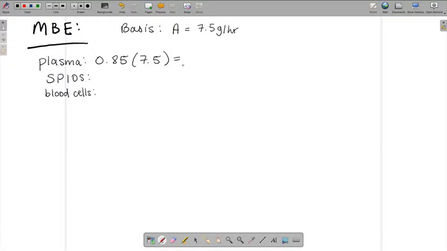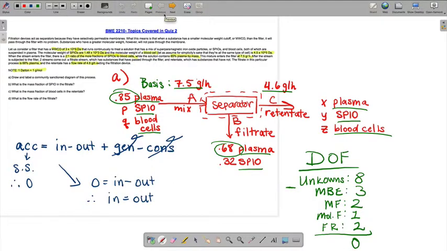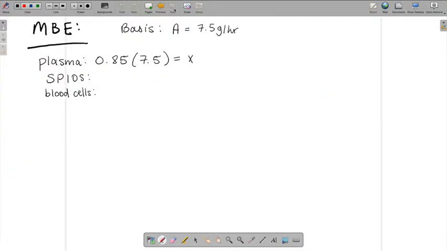So that's going to equal our output, which is X, which is what we called the amount of plasma in part C, X times 4.6, which is the flow rate, plus 0.68, which is the mass fraction, times B, which is the flow rate of stream B, which is the filtrate.